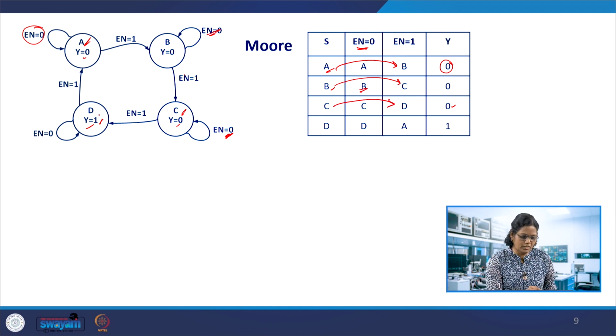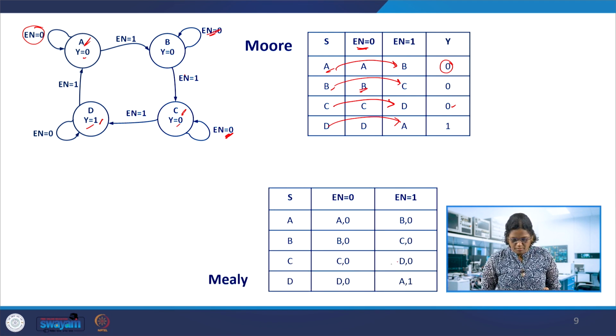At D, if enable is 0, it stays at D, and if it is 1, then go to the next state, that is A. So the enable values we can represent along these transitions. This is giving the output along with the current state, here Y equal to 0. A, B, C, D are the current states. This is for the Moore machine.